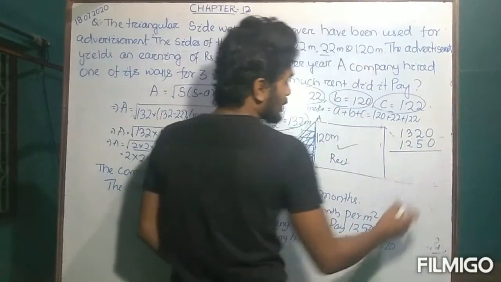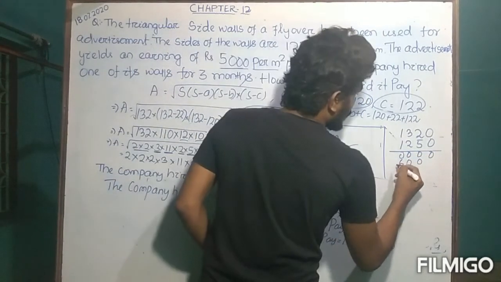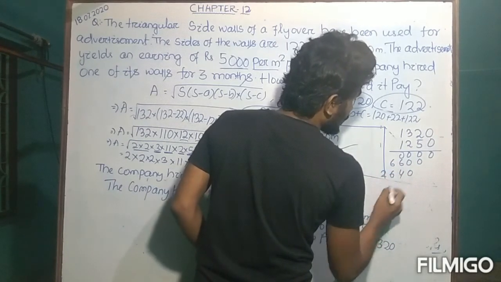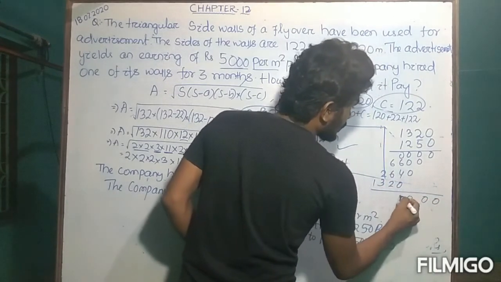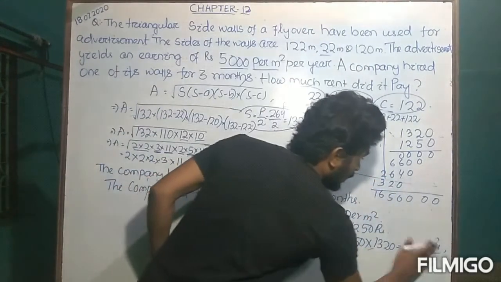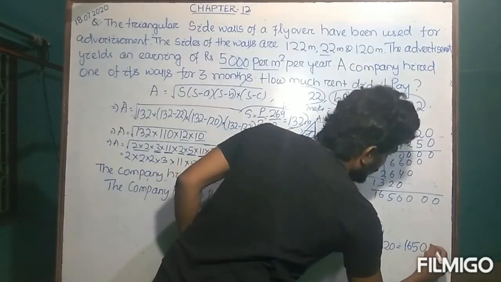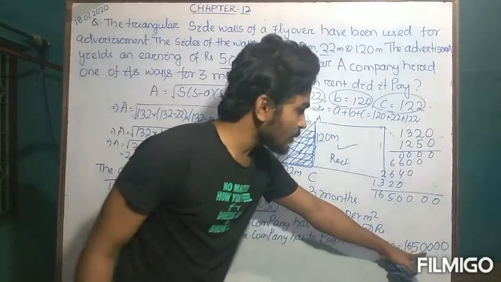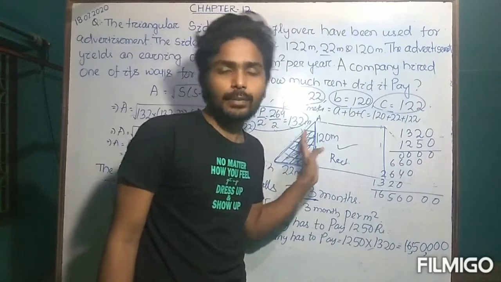So the total money the company has to pay is 16,50,000 rupees in order to use this wall for its advertisement.